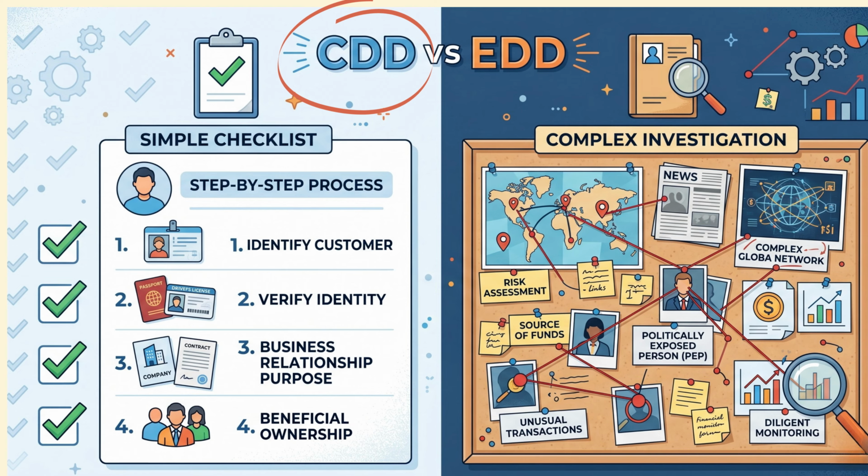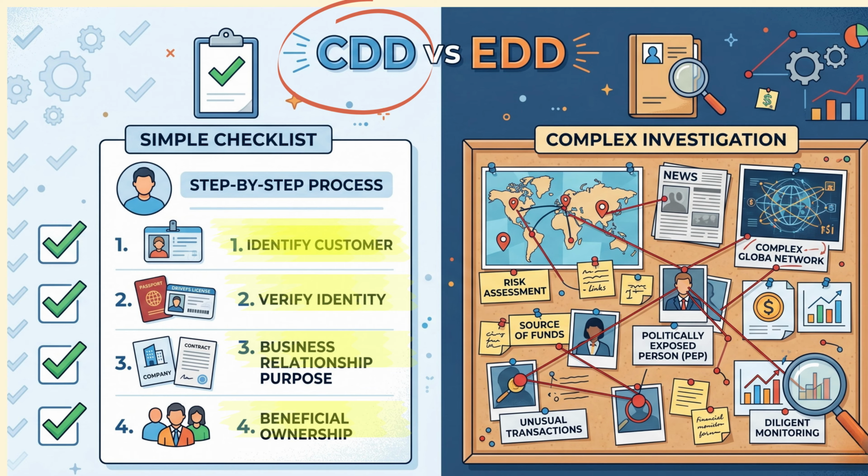This typically involves collecting official identification documents, verifying proof of address, understanding the purpose of the account, the beneficial owner behind the account, and assigning a preliminary risk rating based on factors such as geography, occupation, and expected transaction behavior. These steps create a baseline understanding of the customer. In simple terms, CDD helps institutions establish confidence that the customer is legitimate.